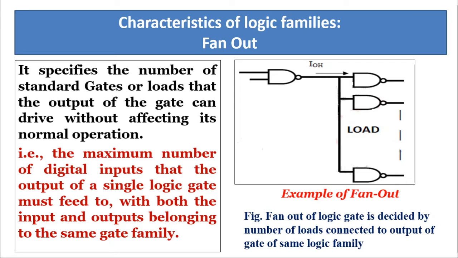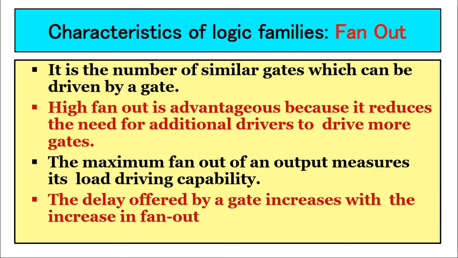Basically, you can calculate the fan out of a given NAND gate by checking how many other NAND gates have received input from the output of the prior NAND gate. It is the number of similar gates which can be driven by a gate.